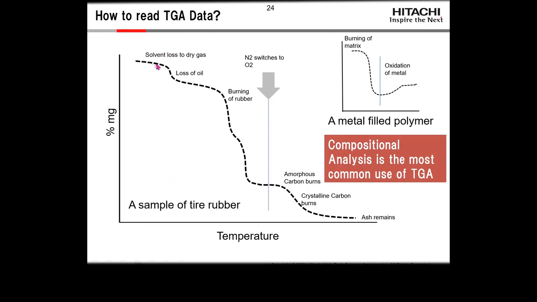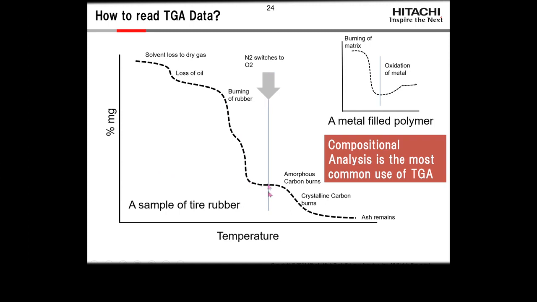So we get an initial loss in a tire rubber, and that's solvent loss from the surface of the material. We're running a dry gas over it, so any water comes off too. Then when we heat it up, we lose the oil that's added as an extender. At higher temperatures, the rubber burns, and that's usually a two-part burn like this. And then we come to another plateau.